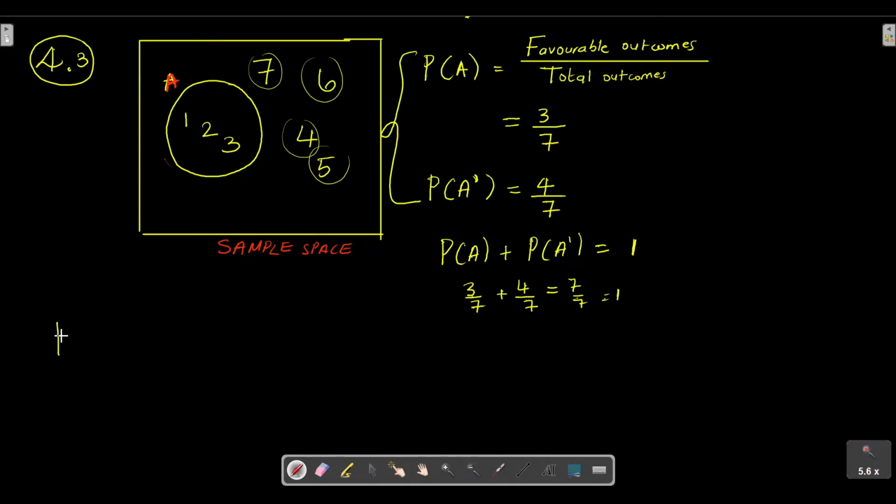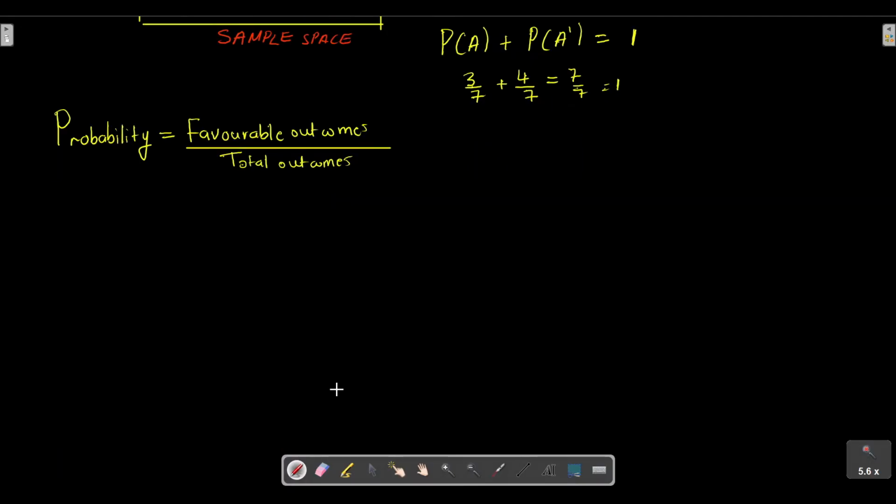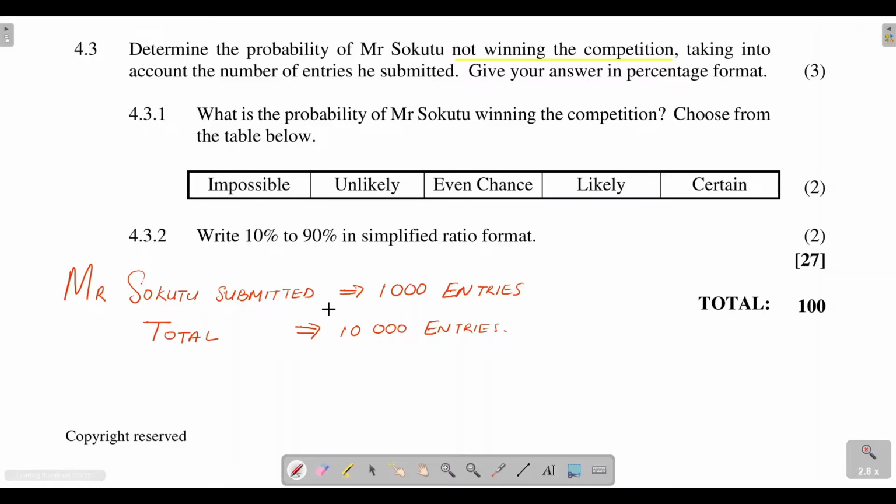We already know that probability is equal to your favorable outcomes divided by your total outcomes. So what do we already know? We know the probability of Mr. Sekutu winning the race. He submitted 1,000 entries out of a total of 10,000 entries, and he actually won the race.